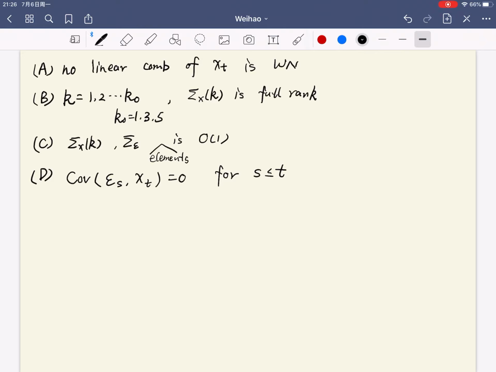It means that the past information cannot depend on the future information, which is very natural. Assumption E is that y_t is strictly stationary, and the first moment for y_t is finite.